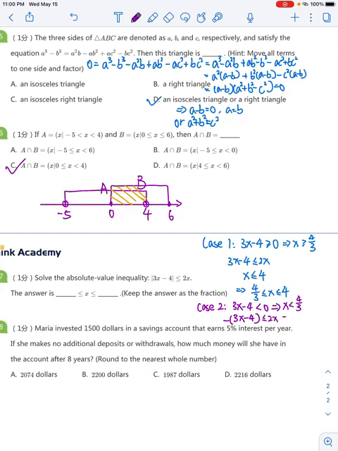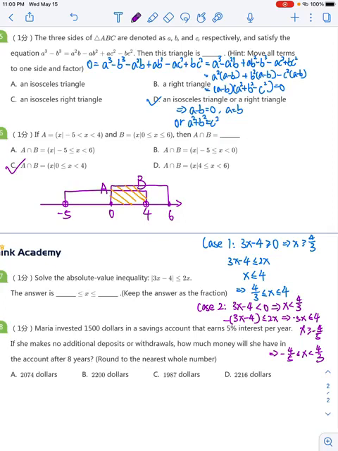And after we simplify this, we will have negative 5x is less than or equal to 4, or x should be larger than or equal to negative 4 over 5. So in other words, now we are going to have this range to be x is larger than or equal to negative 4 over 5, but less than 4 over 3.